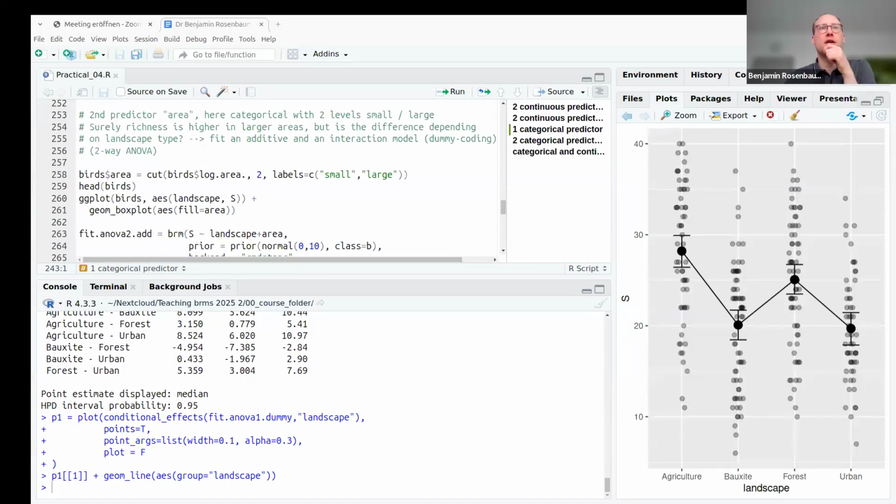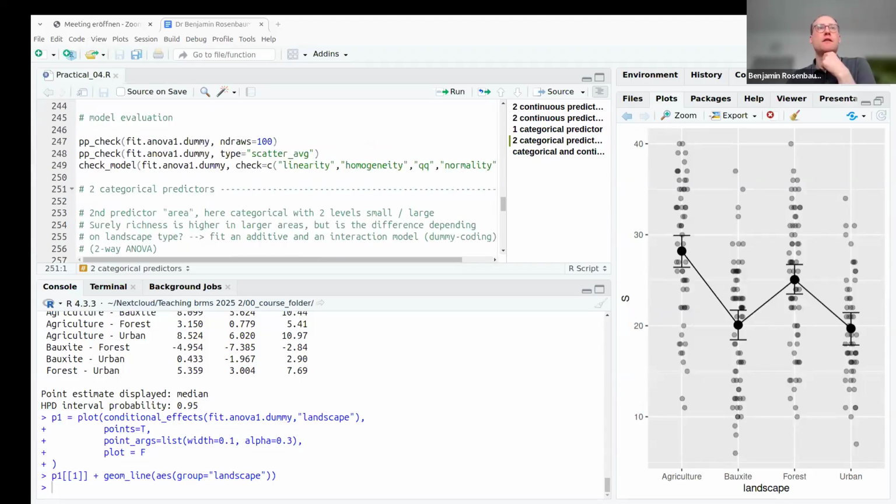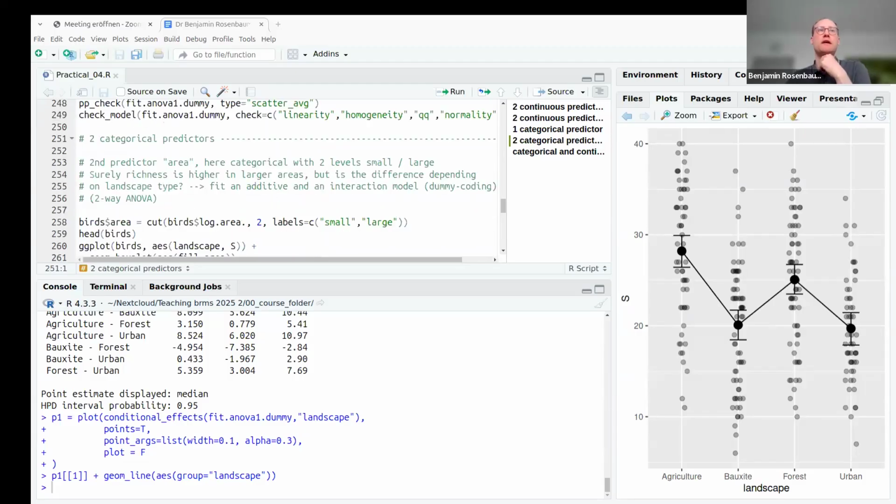So let's see. I will briefly talk about the two-categorical predictor model, and the rest of the analysis I would propose you can have a look at yourself.